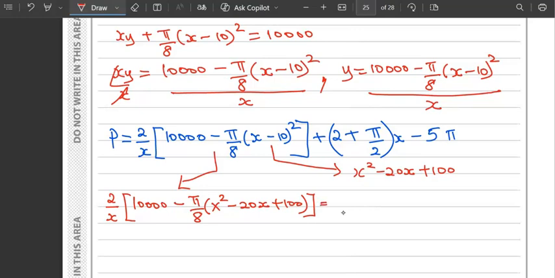This one equals, we can first open the inside bracket.